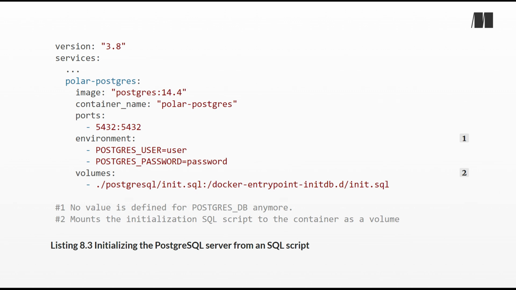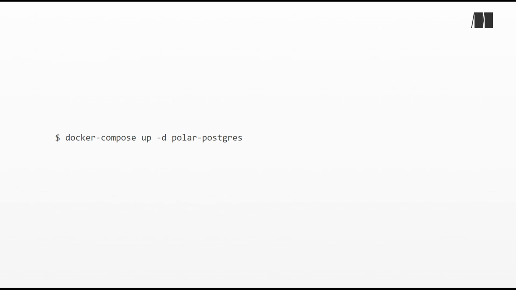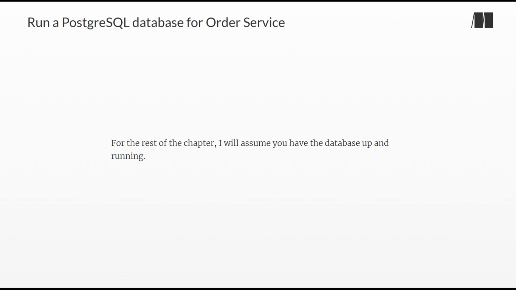Listing 8.3. Initializing the PostgreSQL server from an SQL script. Finally, start a new PostgreSQL container based on the new configuration. Open a terminal window, navigate to the folder where you defined the docker-compose.yml file, and run the following command. For the rest of the chapter, I will assume you have the database up and running.